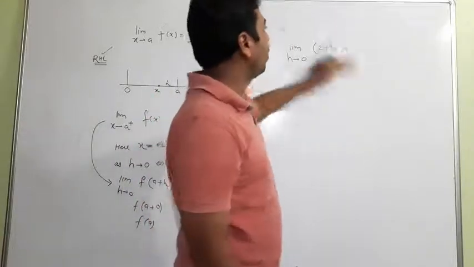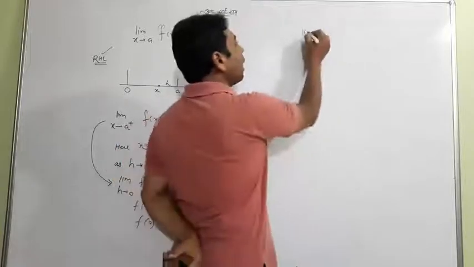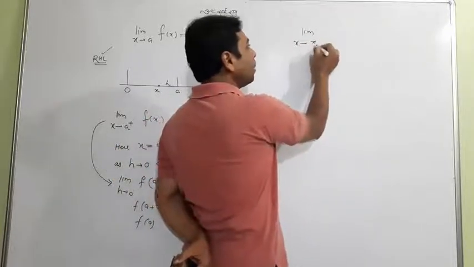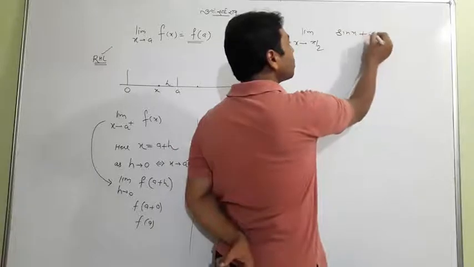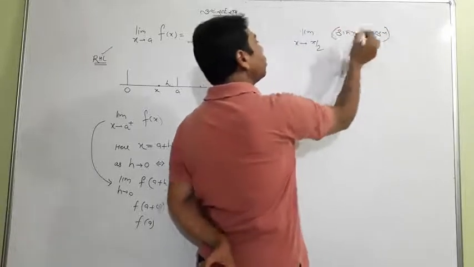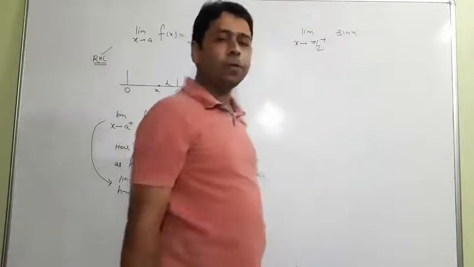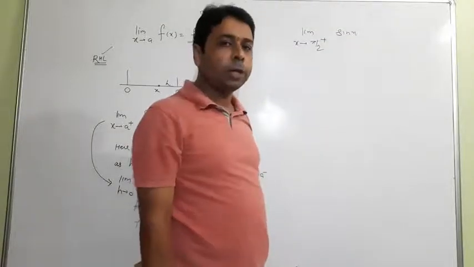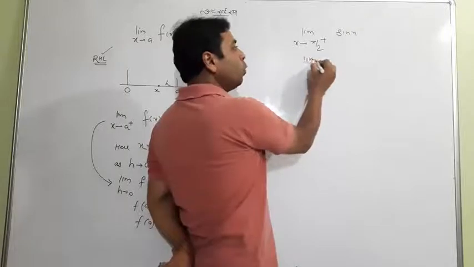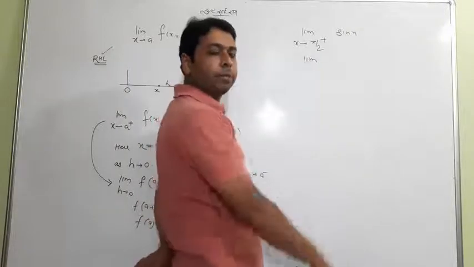Let me explain one more thing. Suppose you have limit x tends to pi by 2 of sin x plus cos x. If you have this kind of question, how do you deal with it? Don't assume as I did in the previous one.